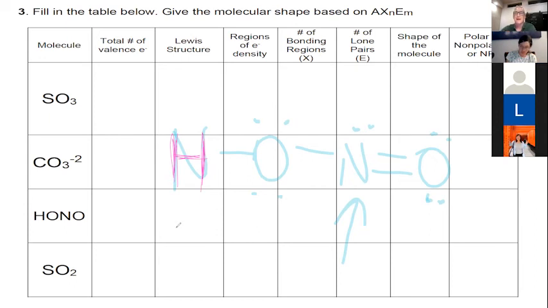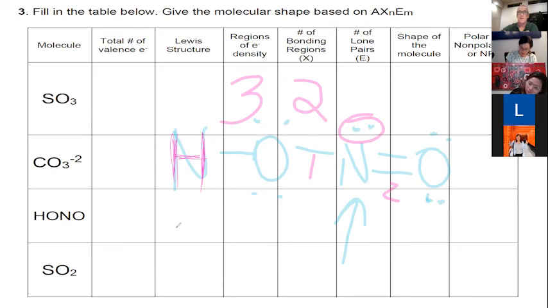So if nitrogen is our central atom, how many regions of electron density are around it? 3. That's right. And how many are bonding regions? 2. Yep, 1 there, 1 there. And how many lone pairs does it have? 1.